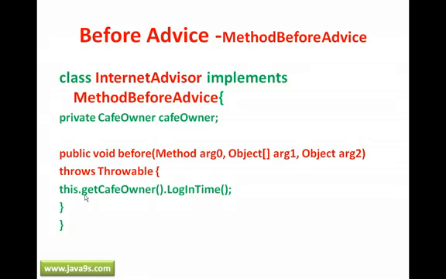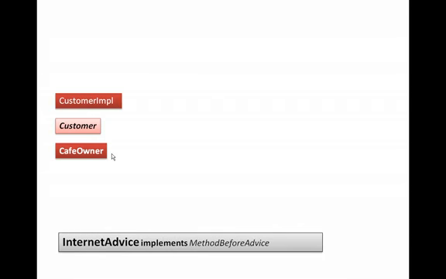Now, let us see the full flow of what happens when a caller calls the proxy. Say I have all these three classes referred to as beans inside the Spring configuration, and InternetAdvice is also configured as a bean inside the Spring configuration.